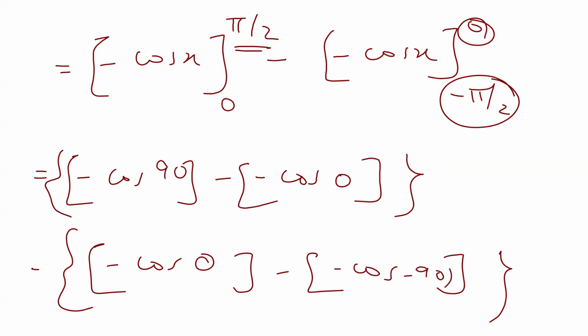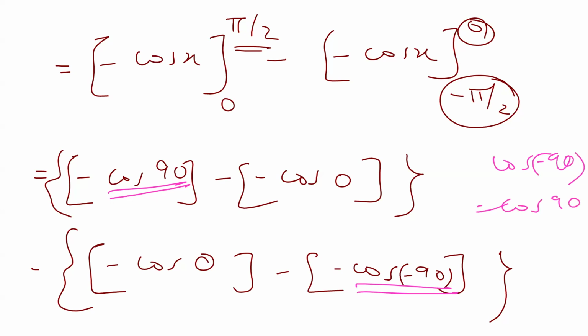Okay, now see this entire thing very clearly. Cos 90 is 0, and this cos minus 90, see cos minus 90 is cos 90, which is 0. Okay, because cos minus x is cos x.